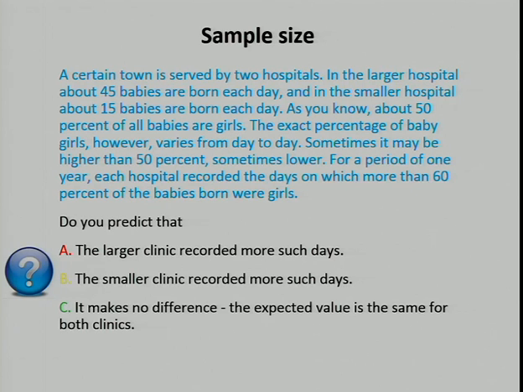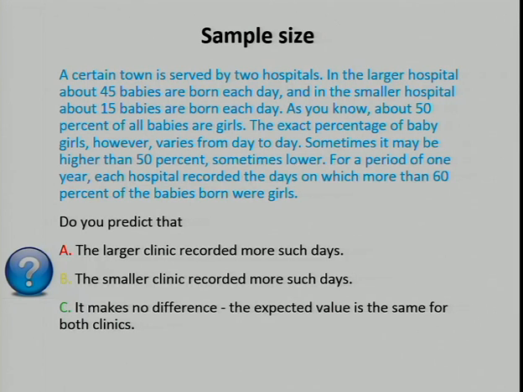Let's take a town that has 2 hospitals of different sizes. The large one has 45 baby births per day, and the smaller one has 15 babies born each day. Roughly 50% of those babies are going to be girls, generally speaking.